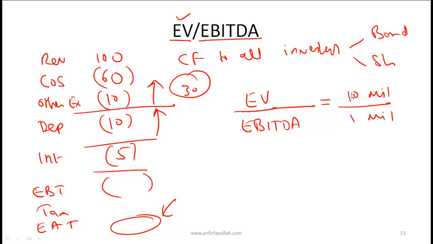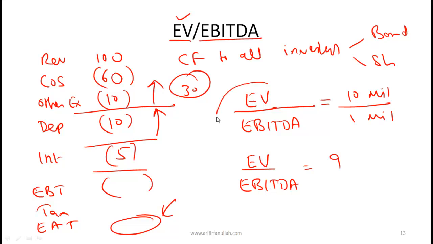Again, the way this ratio can be used is like what we have seen before. From an investment perspective, let's say that the average value in the industry for this ratio is equal to 9. So this implies that on average enterprise value should be 9 times more than EBITDA.